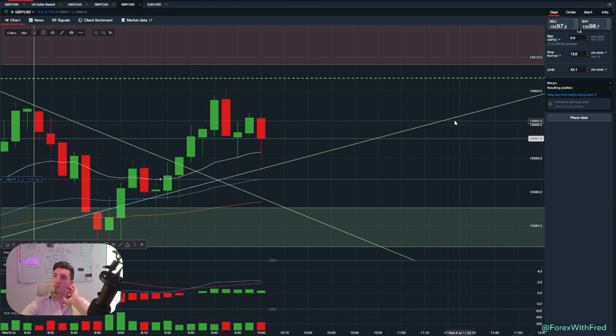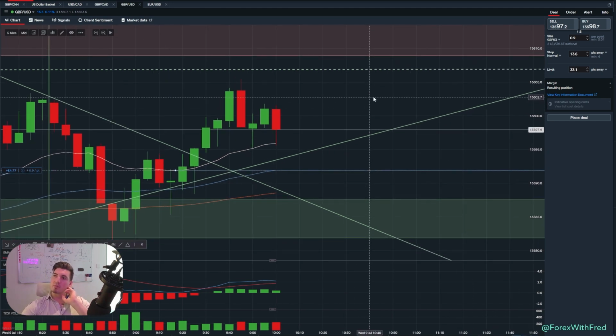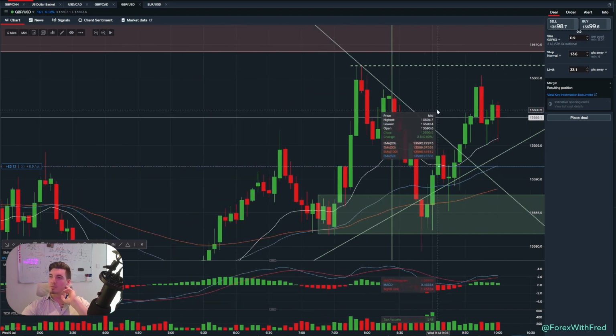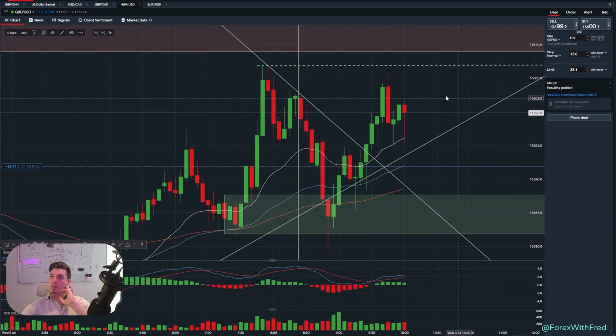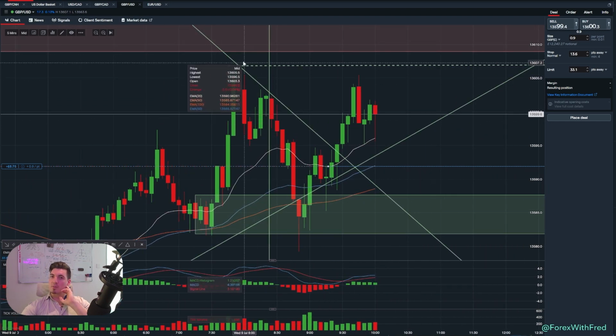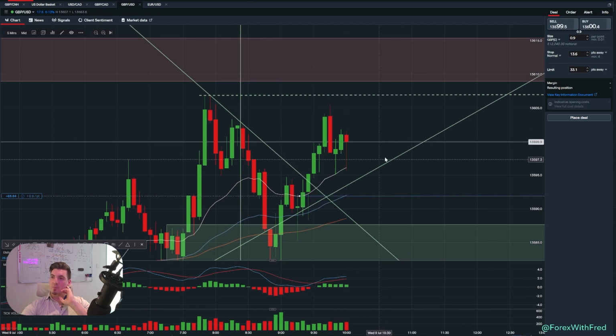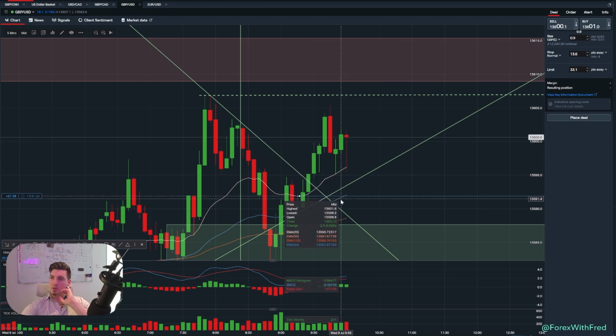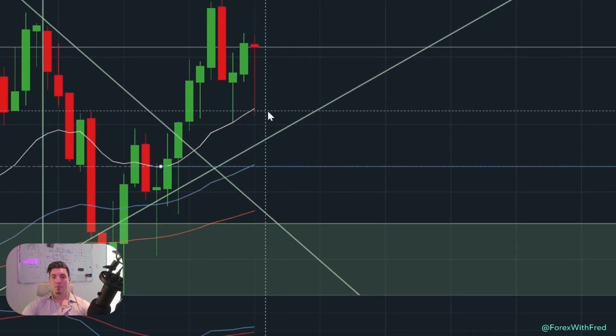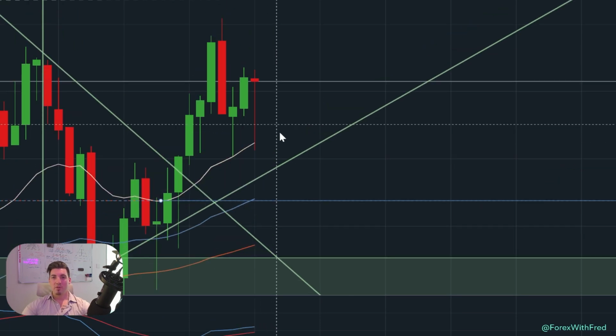Let's take a look. What's happening? Yeah, it's just failed to break above this high, creating a bit of a double top. That really went down, almost stopped me out. Look at that, very close.